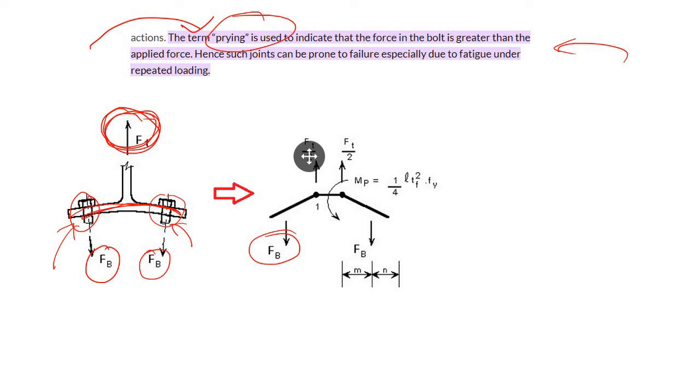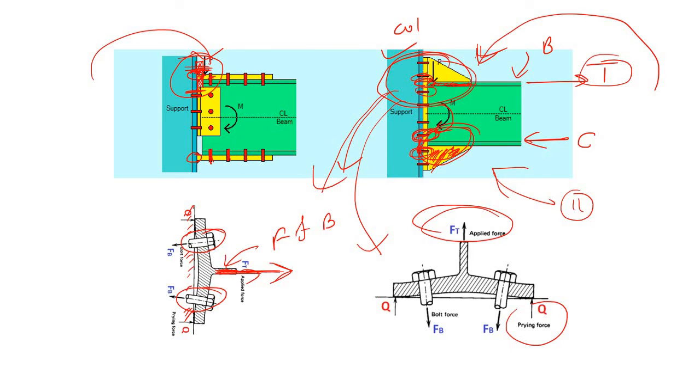So this is the flange of the beam and this is the flange of the column. If you have any confusion, please slow down or simply pause and try to visualize. If you have stiffener, this is rigid, these are the stiffeners. Just go back and try to visualize.